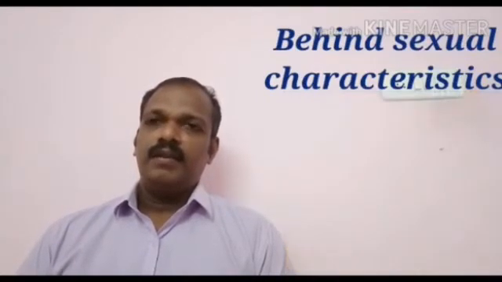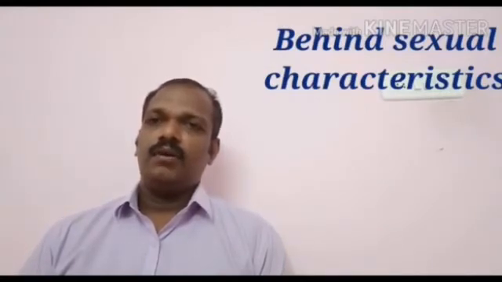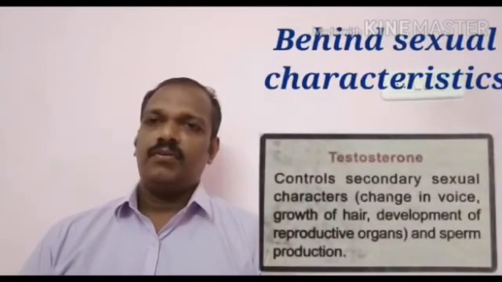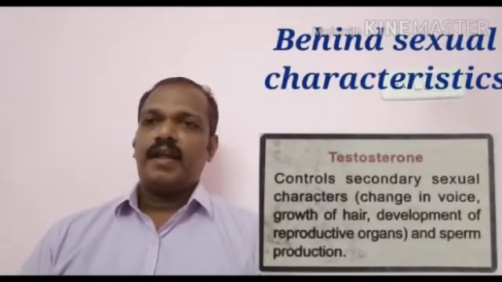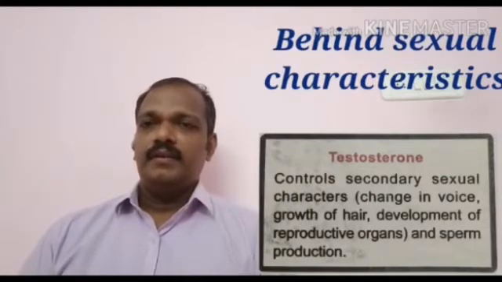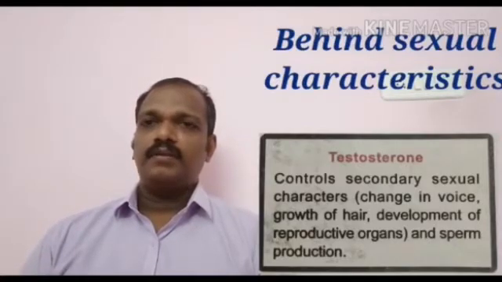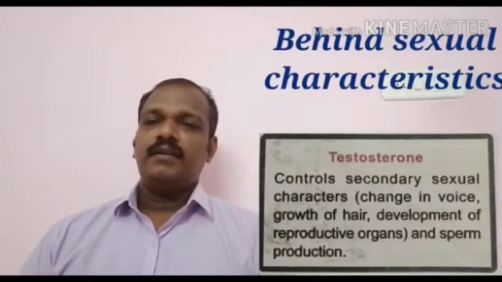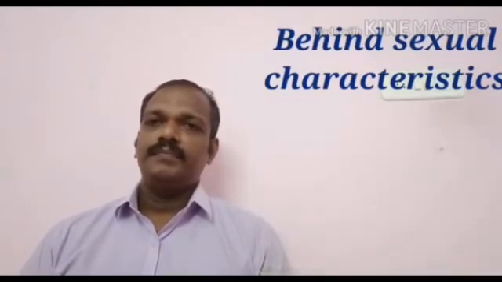In the case of male, the testis produces a hormone called testosterone. It is responsible for secondary sexual characters in male, like growth of hair, development of reproductive organs, and sperm production. These are the functions controlled by testosterone.